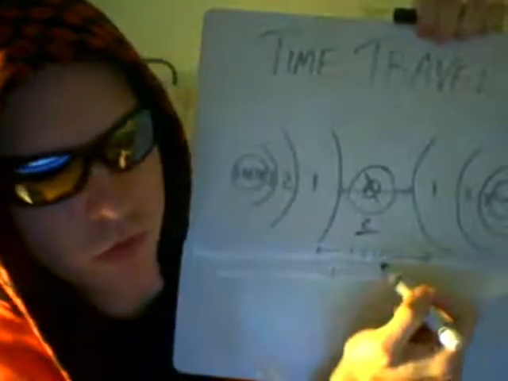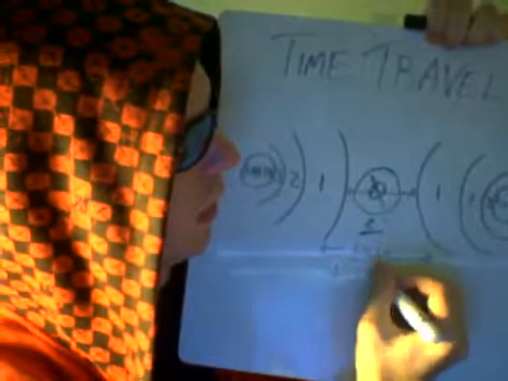Time doesn't actually pass whenever you're traveling the speed of light. So, when you move from one planet to the other, it could only take you 5 minutes to get to that planet.